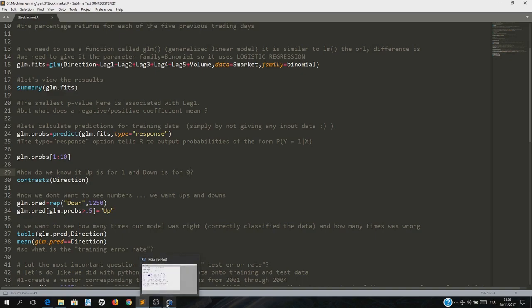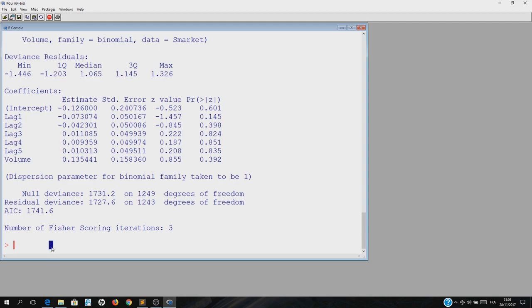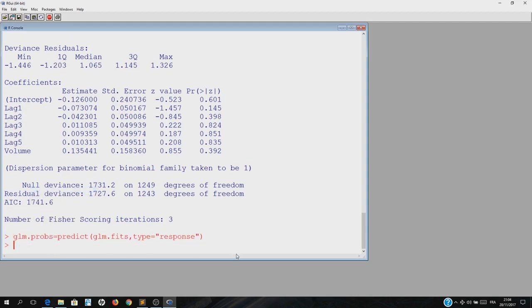So it's going to give us the training results, and from there we can calculate the training error. Okay, so we calculate the probabilities for training data. How do we know it's training data? Because we didn't provide any data. It automatically gets the training data.